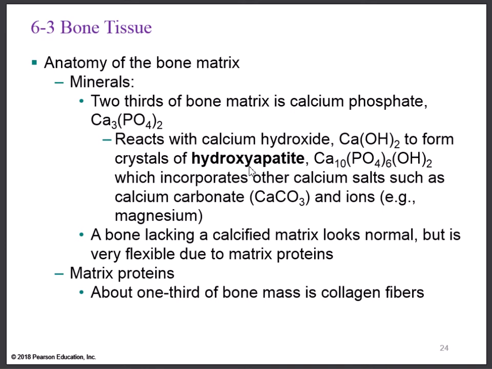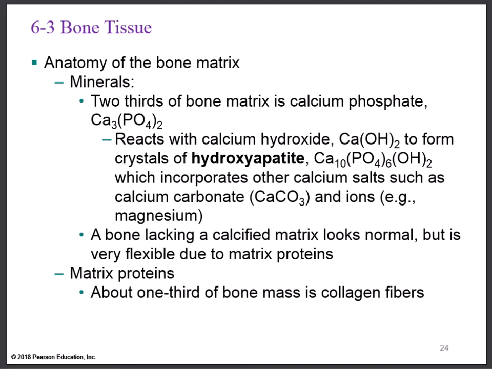As the hydroxyapatite is forming, it incorporates other calcium salts such as calcium carbonate. It's going to incorporate ions, we put over here like magnesium. Fluoride would be another one that would be incorporated into the hydroxyapatite. So all of that makes up the hardness of the bone.